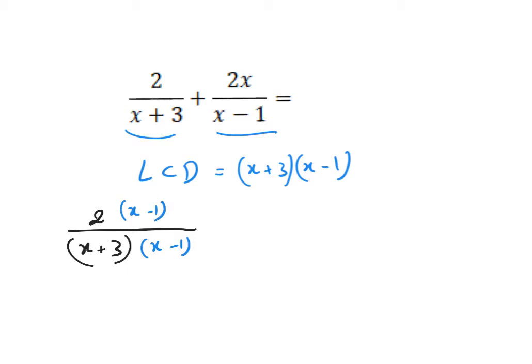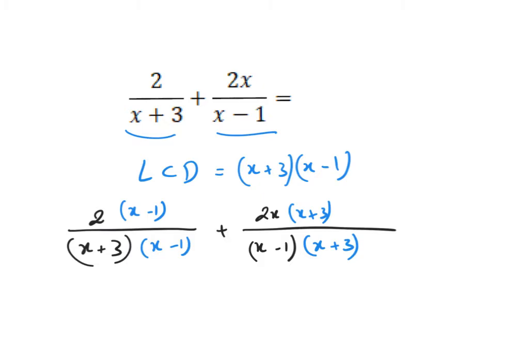Whatever we do in the denominator, we have to do the same thing on the top, with the numerators. Then for 2x over x - 1, to find the LCD we're going to multiply by x + 3, and make sure you multiply by x + 3 on the top as well.